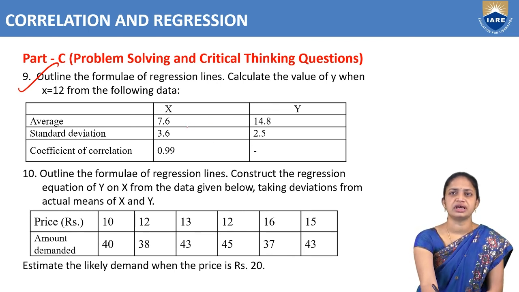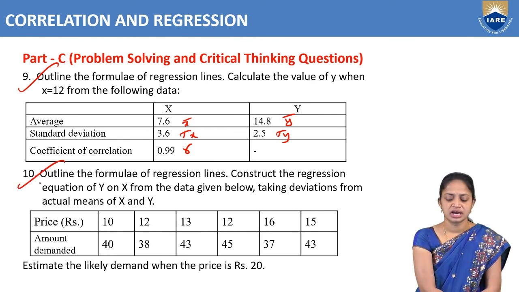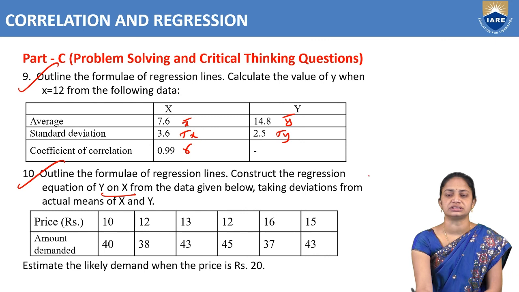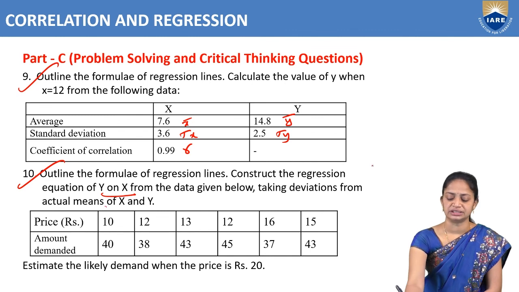Here they have given x bar, y bar, summation, sigma x, sigma y, and this is r. The next and last question is construct the regression line. Construct the regression equation of y on x from the data given below, taking the deviations from the actual means. That means the regression line of y on x.